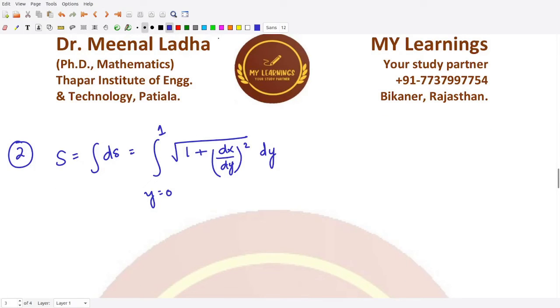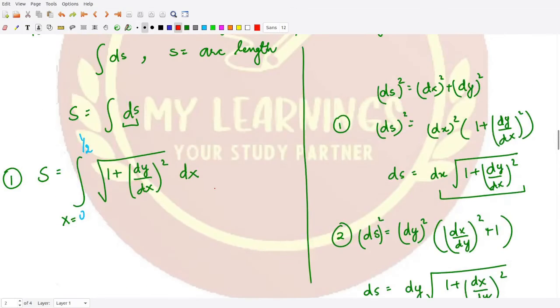So in order to solve this, we are required to calculate dx/dy, and we are required to calculate dy/dx. And because we are to calculate the arc length of the given parabola, we know the equation for the parabola, that is y square is equal to 2x, right?